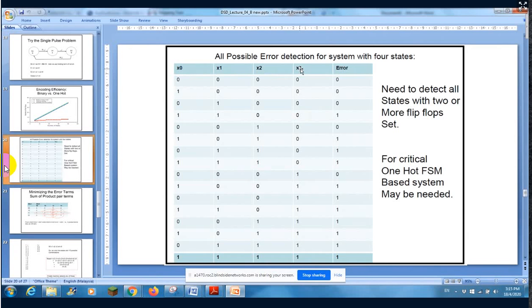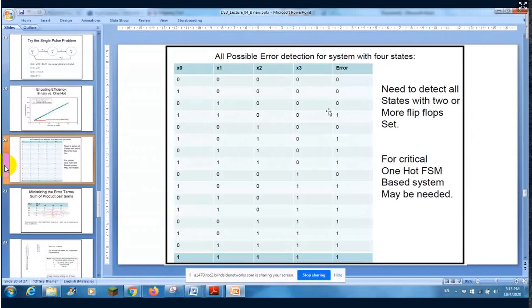If you have more than one flip-flop set to one, it means it's an error. If you look at the truth table here, that's why you put down 0, 0, 0, 0: no error. 1, 0, 0, 0, no error. 0, 1, 0, 0, no error. That's why you put 0. But 1, 1, 0, 0 means you have two flip-flops set to one. Then you have an error. So this is a truth table from 0, 0, 0, 0 until 1, 1, 1, 1.